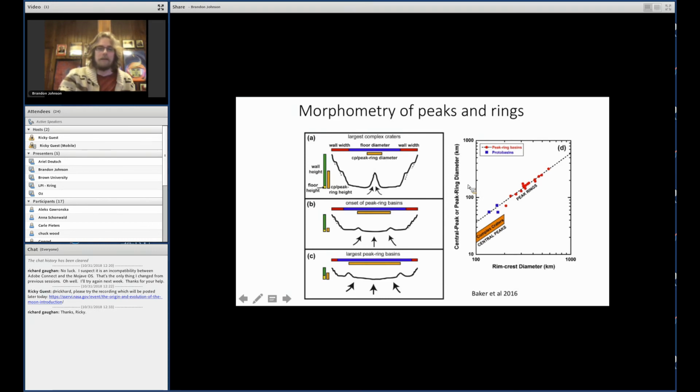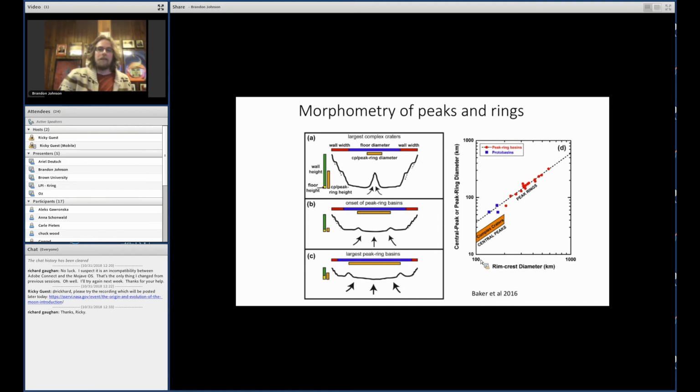But on the right is really the more exciting plot, I think, showing the central peak or peak ring diameter versus the rim crest diameter. What this shows is that as complex craters get larger, their central peaks tend to get wider. And then you have this transition to protobasins, which I don't have enough time to really get into the details of here.